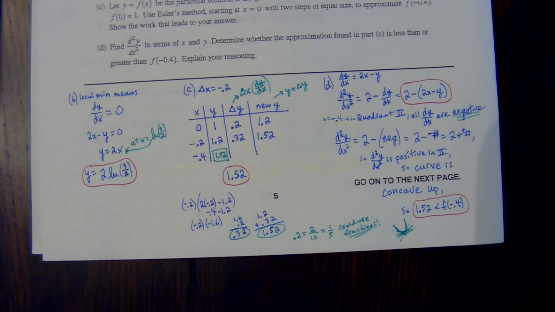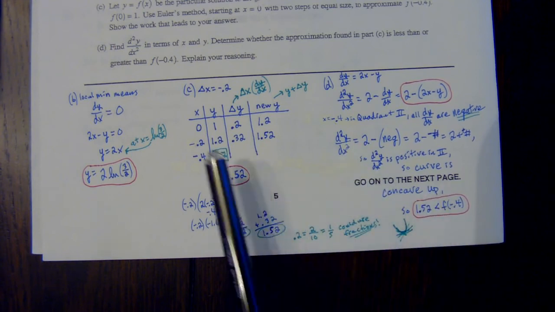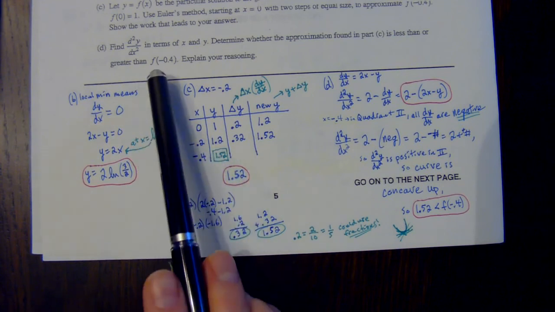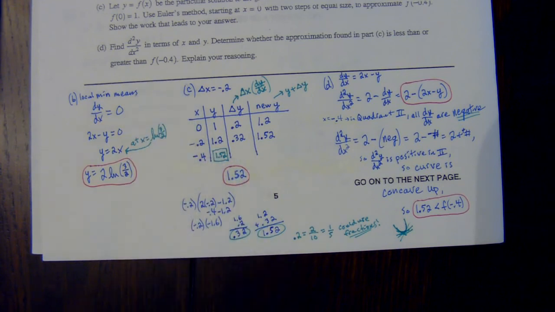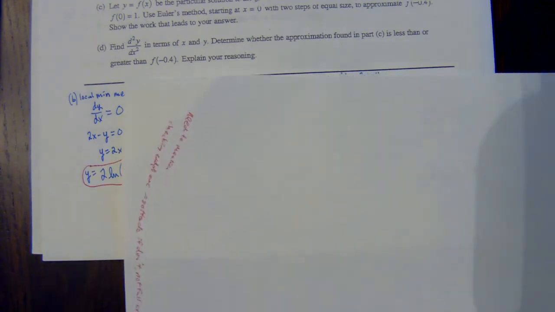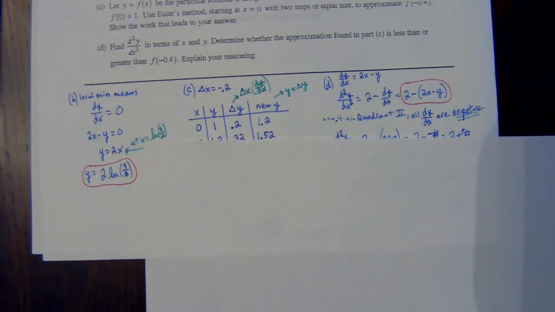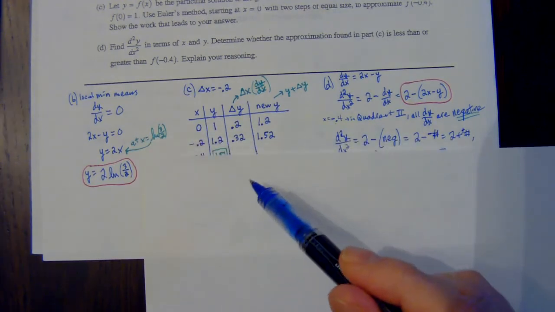And then, so what does that mean for us? Okay, so you'll see this next concept in the future as well. If we could determine that the curve is concave up, they're asking, is the answer that we found in part C greater than or less than the actual y value? Now, when you're using Euler's method, sometimes you're using the equation of the tangent line, the tangent line approximation stuff right there. Here's how you can tell if it's an under or overestimate.